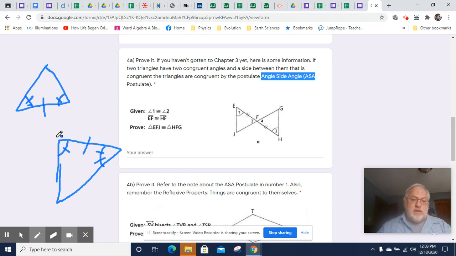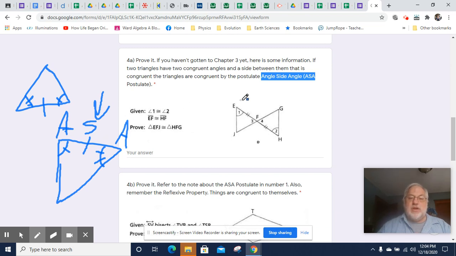So this is called angle, side, angle, because you've got two angles and their included side, the side that's between them. The other sides are called excluded sides. So two angles and the included side, then we can prove that the triangles are congruent.